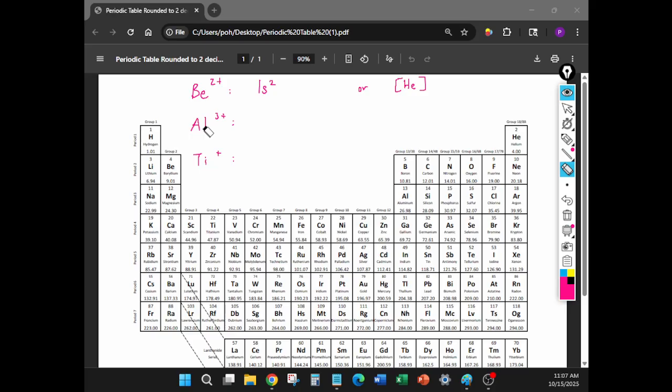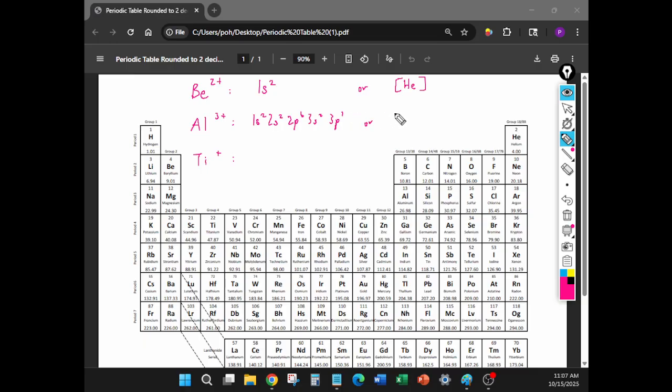All right, let's move on to aluminum, which is pretty much the same thing. If you take a look at aluminum, it's in the 3p section. So you would write 1s2, 2s2, 2p6, 3s2, and then 3p1. Okay.